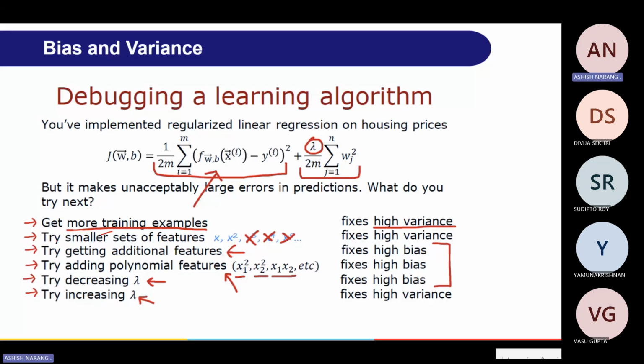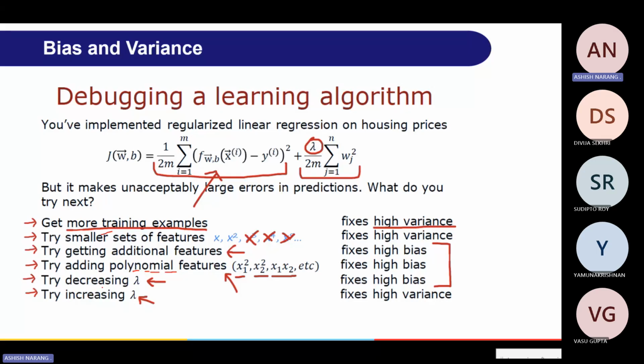So what you can try is you can get more training examples. It will reduce the variance. Try smaller sets of features, it will fix high variance as such. Try getting additional features, it will fix high bias. Try getting polynomial features, it will fix high bias. High bias means underfitting, right? So if I have polynomial features, of course, it will result in a bit of a curve.